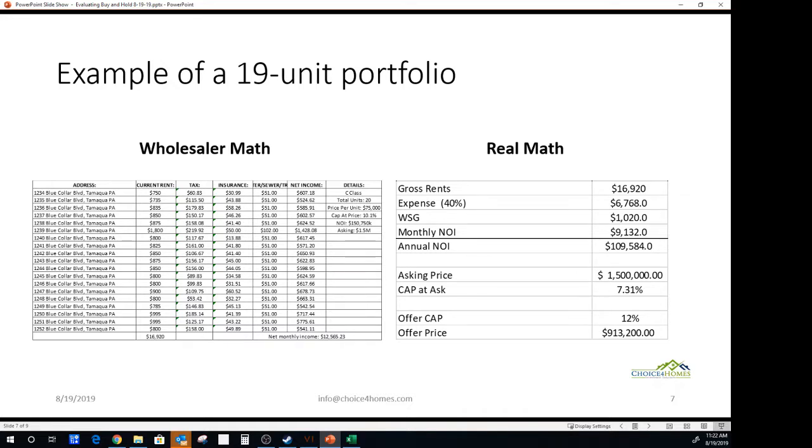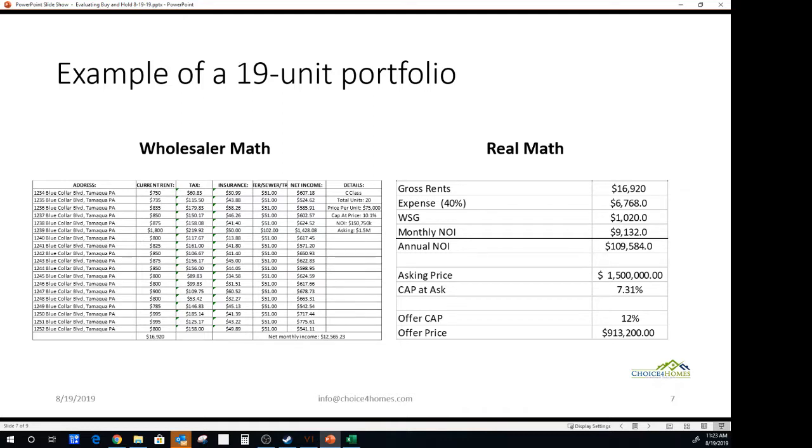So using the really wholesaler math or broker math, they came up with a net operating income of $12,500, which is actually 12,565 divided by 16,920, which is about 75% of the gross income. And as soon as I saw that, I was like, yeah, that's probably not going to fly. And they're asking 1.5 million, which would give you a purchase price cap of 10%.